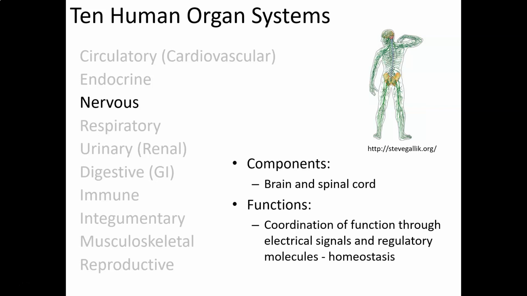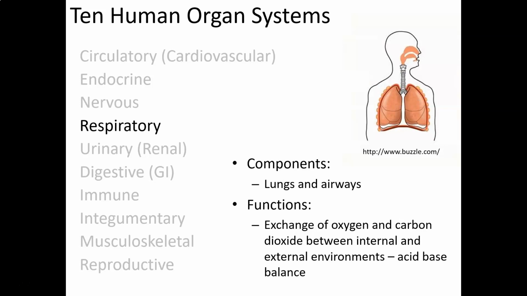The integration part of it, to be able to take information in and process it. And then there's a motor or response end where you can react to it and send a gland a signal to release a hormone, or send a muscle a signal to contract, or whatever we need to do. So that's the nervous system.